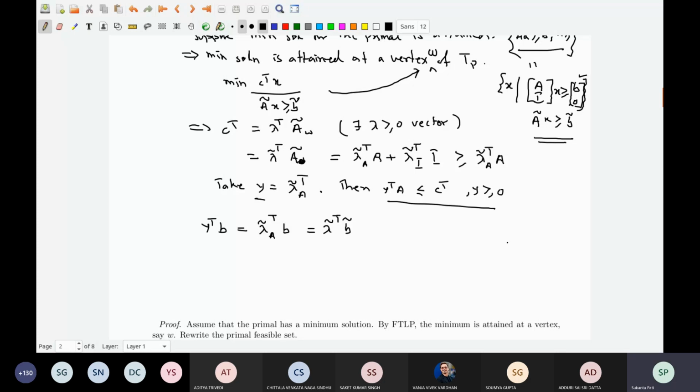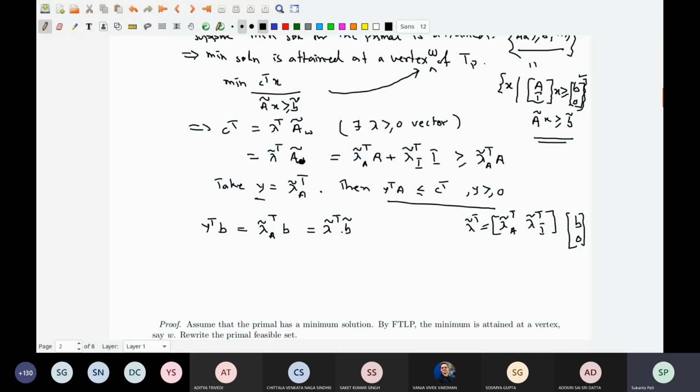See, lambda tilde transpose A and lambda tilde transpose I. This is your lambda tilde transpose. And then you have b tilde. When you multiply, b tilde is b and 0. So whatever this one is, it doesn't matter. It is getting multiplied by 0. So I am writing it as this.